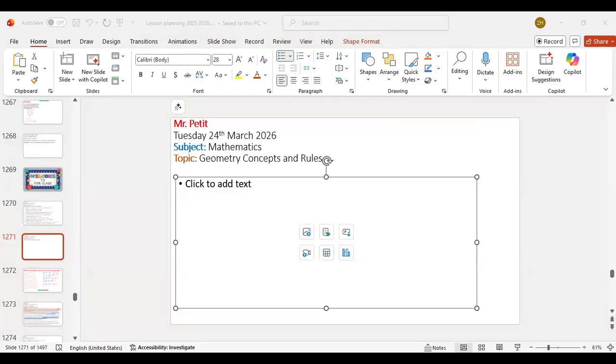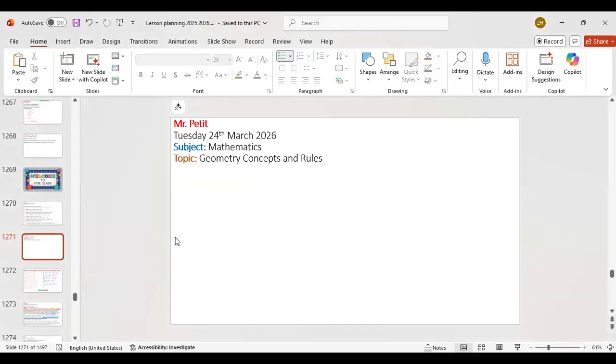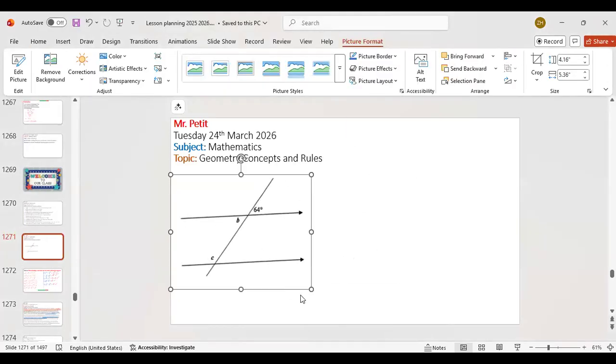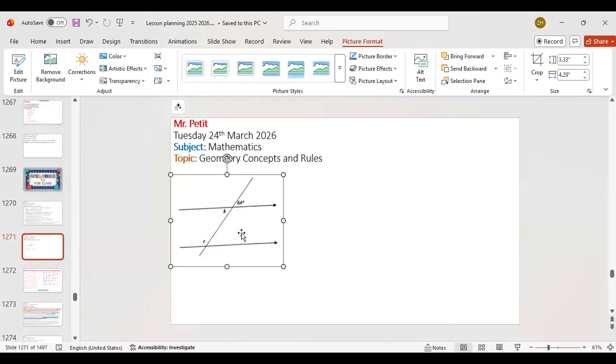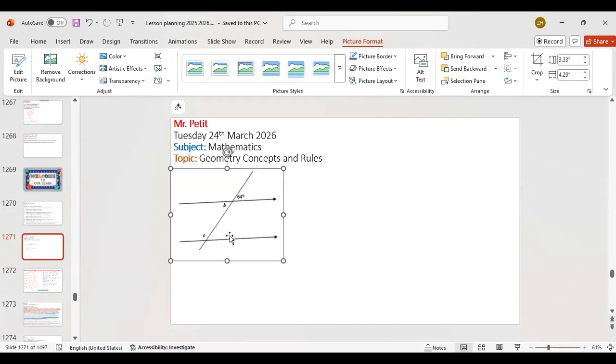This is a very good one. Let me show you all what I'm looking at. Y'all could draw this, but this is number one. We want to figure out what B and C are for this one.